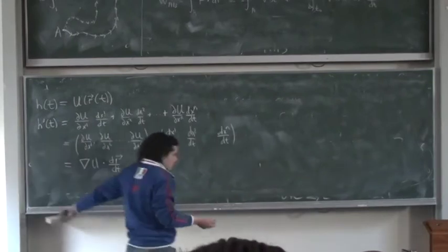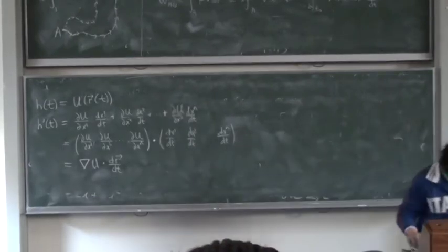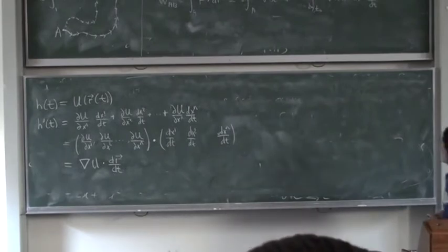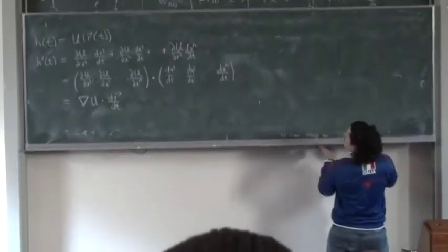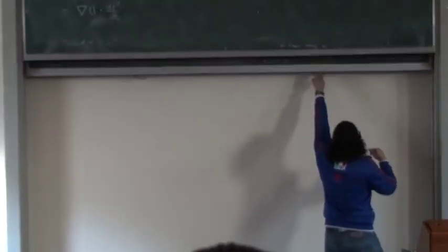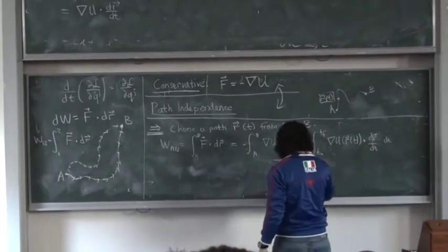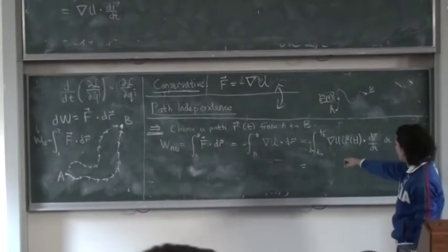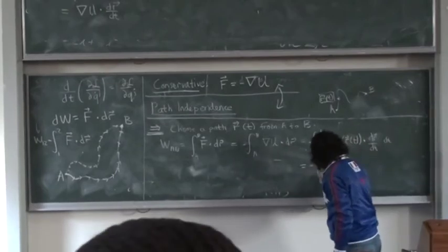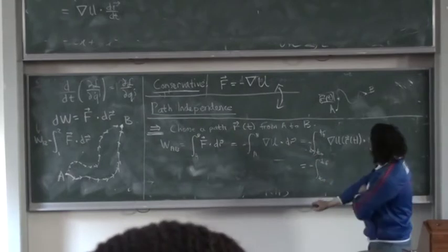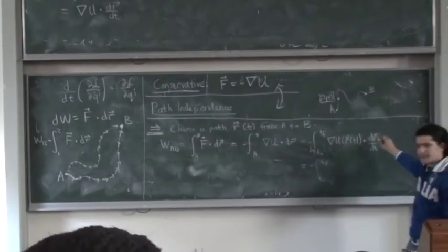Right? So let's go back upstairs and rewrite what we've got up there in terms of what we've got here. It is equal to minus the integral from t0 to tf of this, which is simply h prime of t.